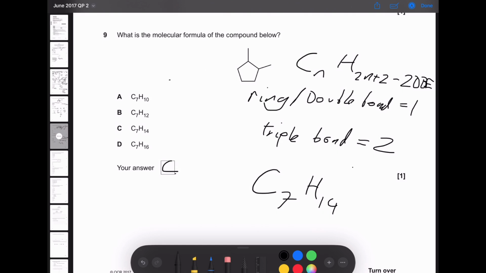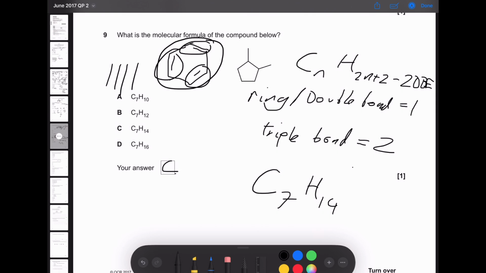If we have a benzene ring here, if we draw the structure, we've got 1 ring, so that's 1 DBE, then we've got double bonds, so that's 2, another double bond, so that's 3, another double bond, so that's 4. So that's 4 DBE. So we have C6H2 times 6 plus 2 minus 4 times 2.